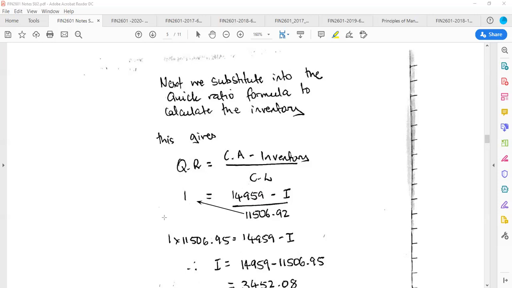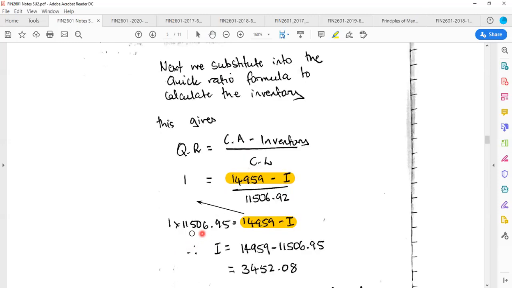So we say 1 times 11,506.92, and it will be equal to the top part, which is 14,959 minus I. Then if we simplify this, we get 11,506.92.